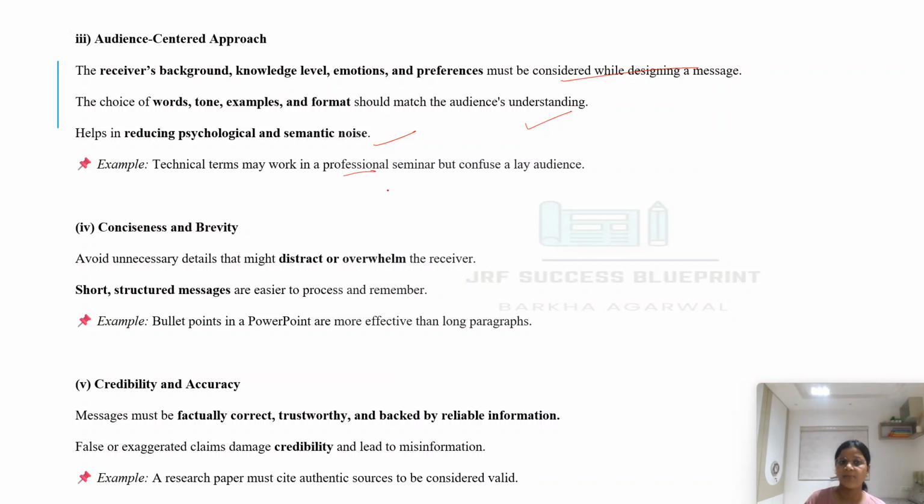Technical terms may work in a professional seminar but confuse a lay audience. Suppose you are at a conference and you are talking using jargon, but the audience may not understand what you are talking about, right? So it should be audience-centered.